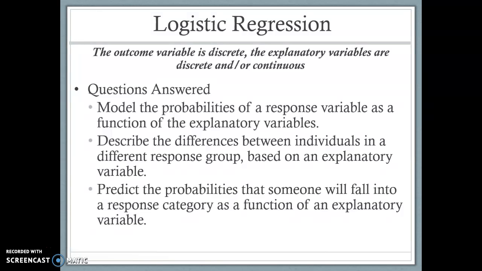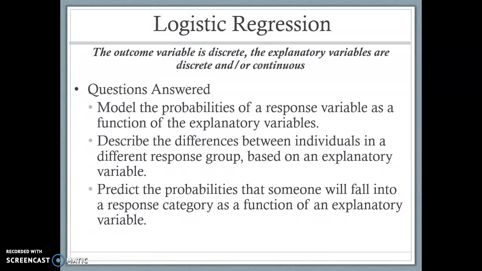For the next one, describe the differences between individuals in different response groups based on explanatory values. In our college example, there are two different groups, students admitted or students rejected. We're trying to describe the differences based on gender. So what are the odds of being female and getting in? What are the odds of getting rejected given that you're a male?